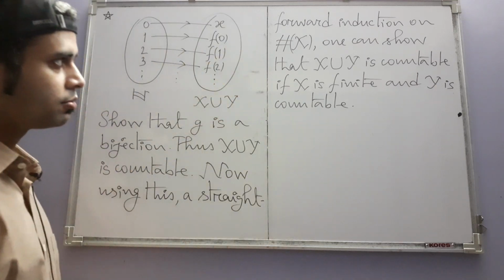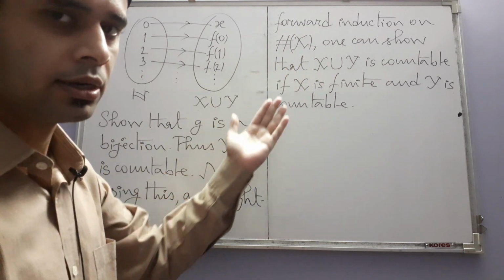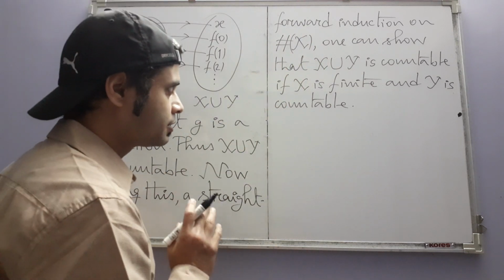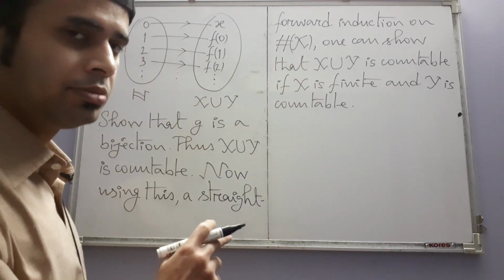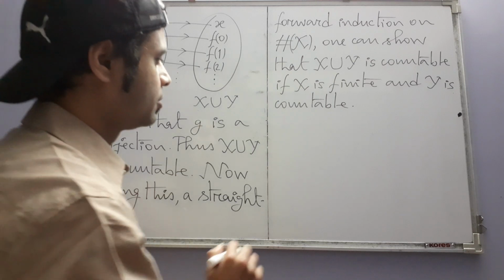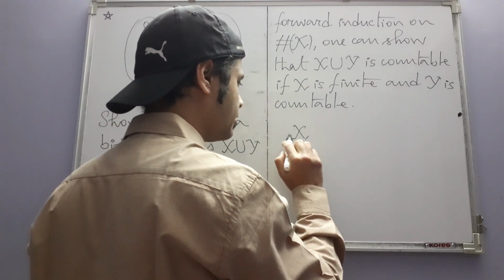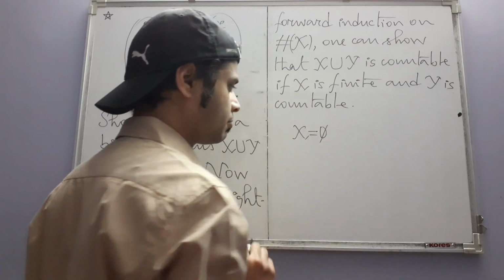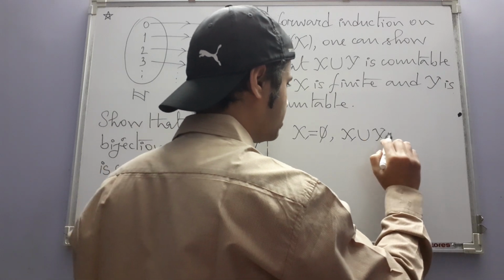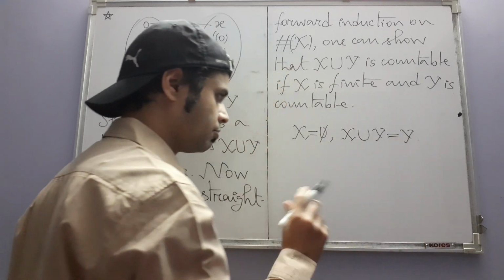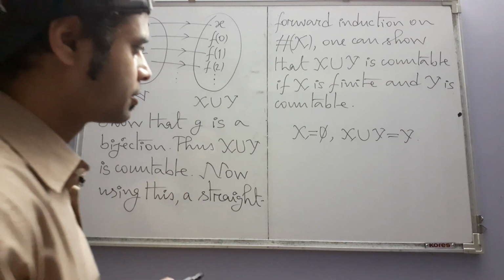So you have to prove this thing and the induction should be applied on the cardinality of X. Since X is finite, the base value should be 0 actually, because that is also allowed. So when the cardinality is 0, then X is the empty set. In that case, X union Y is definitely Y. So it is countable. So that means this is the basis for our induction.